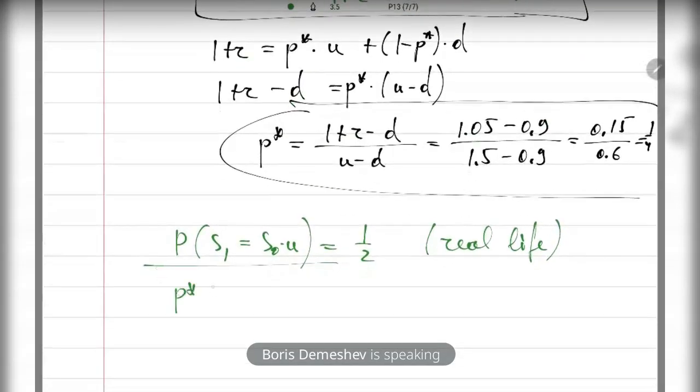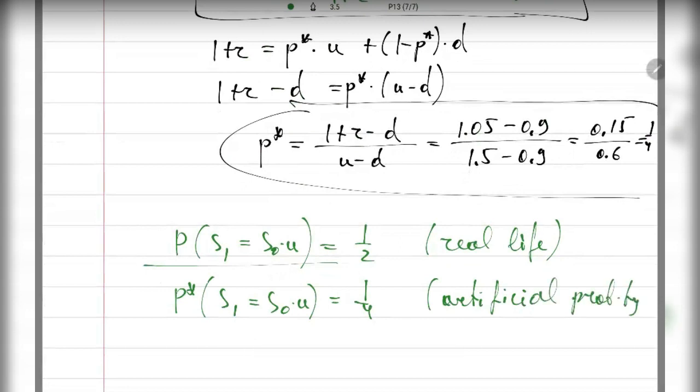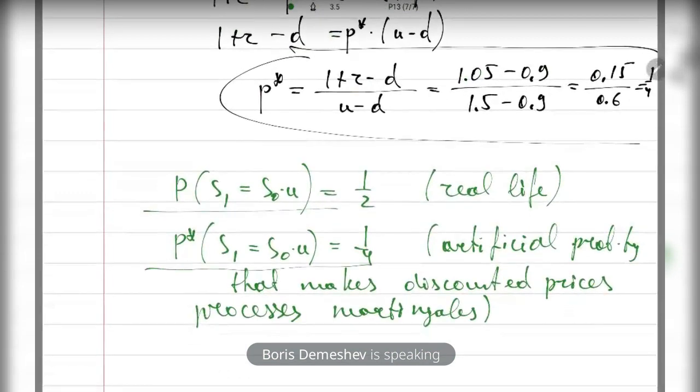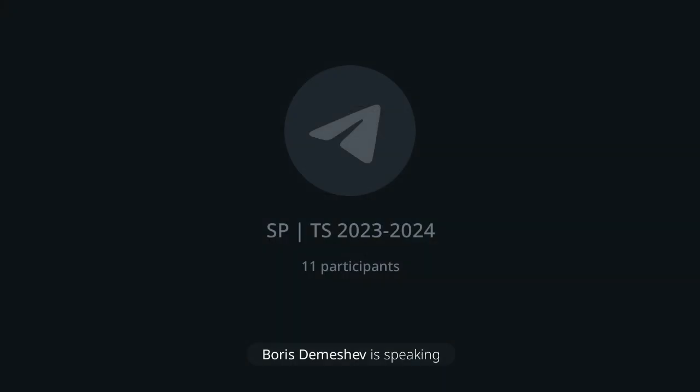What is the invented probability that S1 is S0 times u? That is 1 over 4. Artificial probability that makes discounted price processes martingales. So that's not a real life probability, but it's easy to calculate all expected values. All real prices discounted are martingales with respect to this artificial probability.